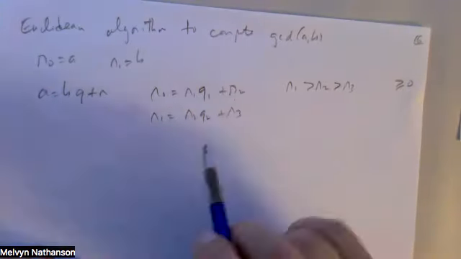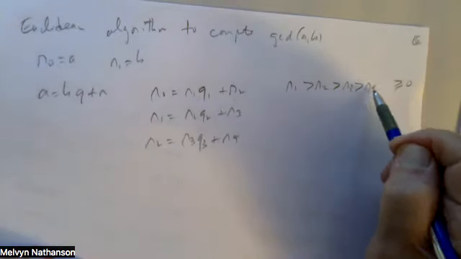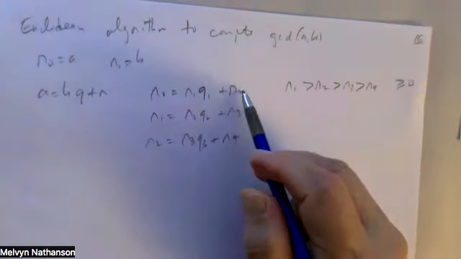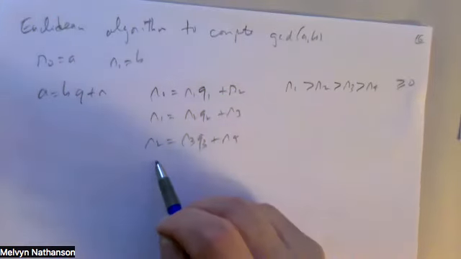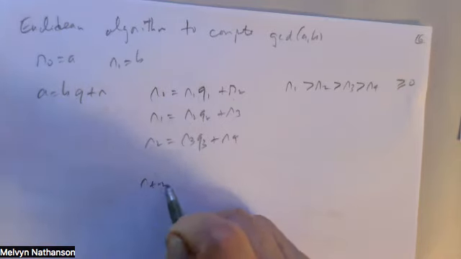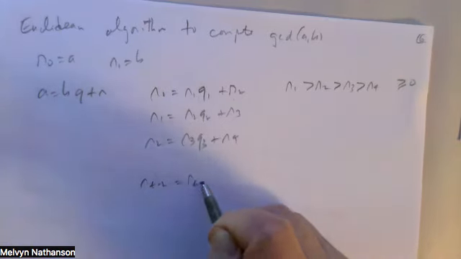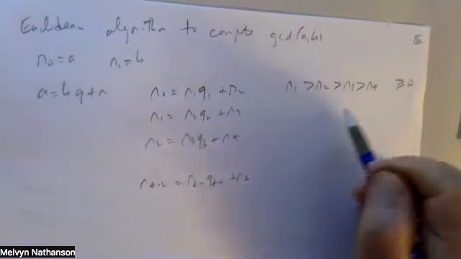When you take R2 and divide by R3, you get a remainder R4, which is strictly smaller than R3. So these are non-negative numbers, strictly decreasing. Eventually, you must get, let's say, RT minus 2 is RT minus 1, QT minus 1 plus RT.